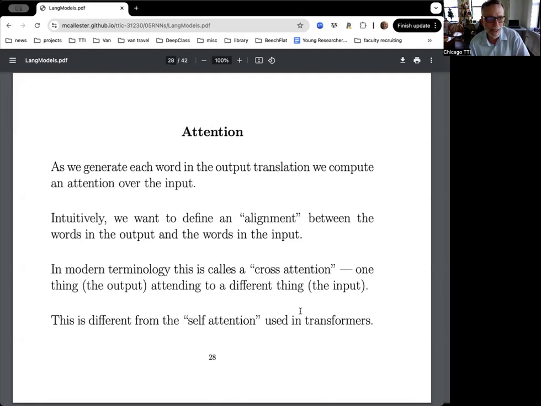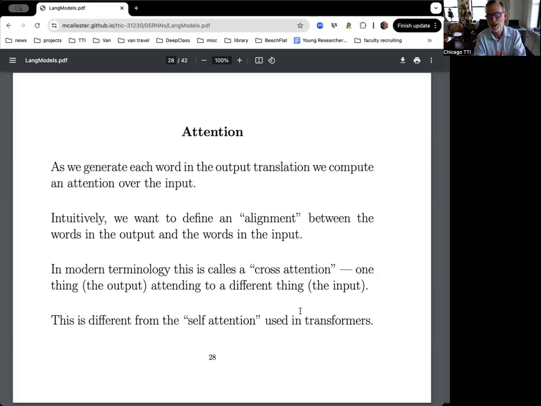And the idea here was that as you're generating output in a translation system, intuitively, each position in the output, each word in the output often corresponds to a particular word in the input. So as you're generating output, you should be paying attention to particular places in the input.